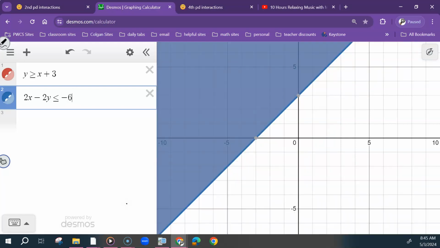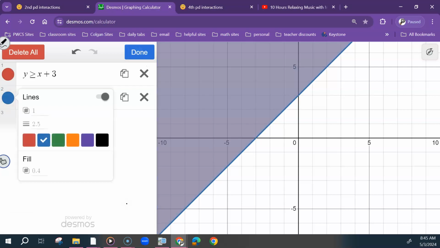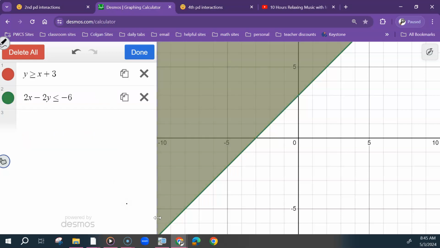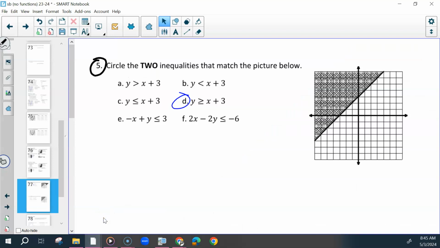But then if I do this, you can kind of see the overlap here. They overlap each other. So it is F and D. And you could have solved that by hand to see that those are the same, or graph it in Desmos. So if you did that in Desmos, make sure you say that. Questions on that one?